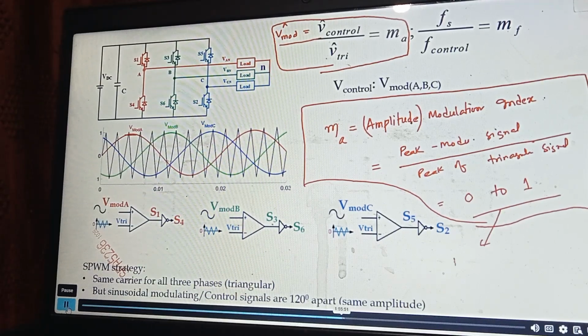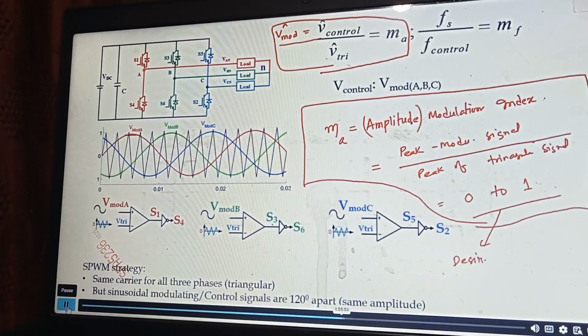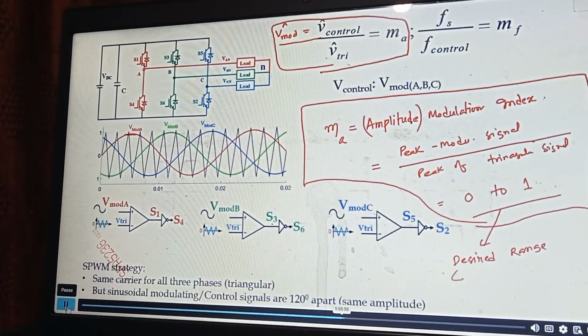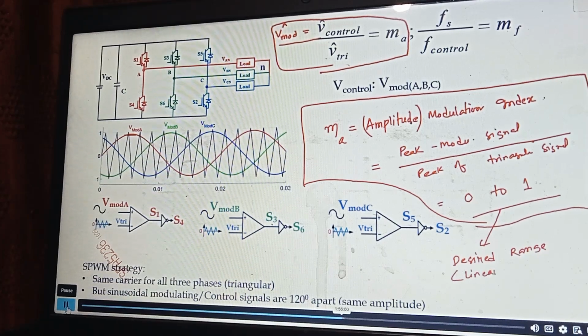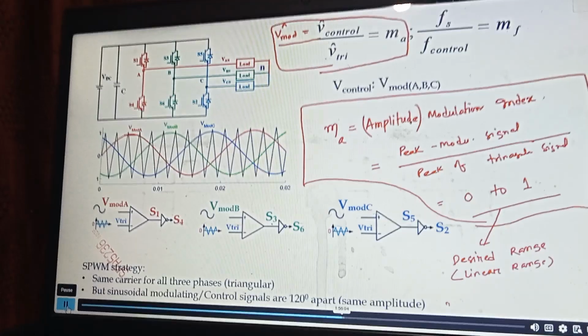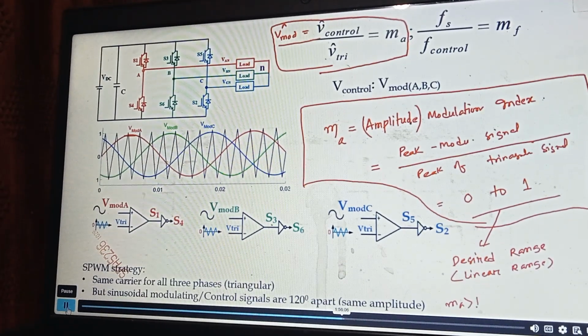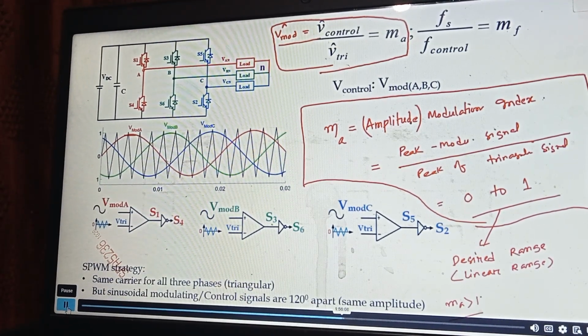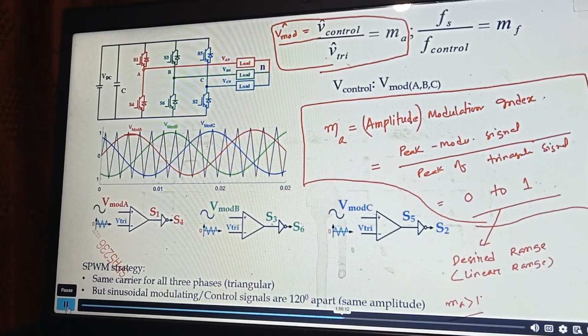That is the desired range. We call it linear range. If MA goes beyond 1, it may happen, right? Let's say during some operating mode, your modulating signal peak goes beyond the triangular because it is generated by the speed control strategy.